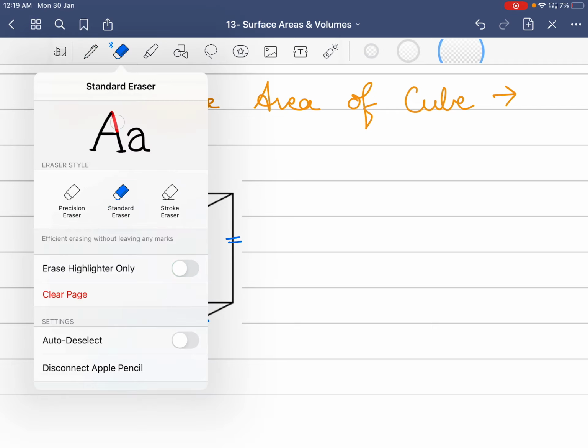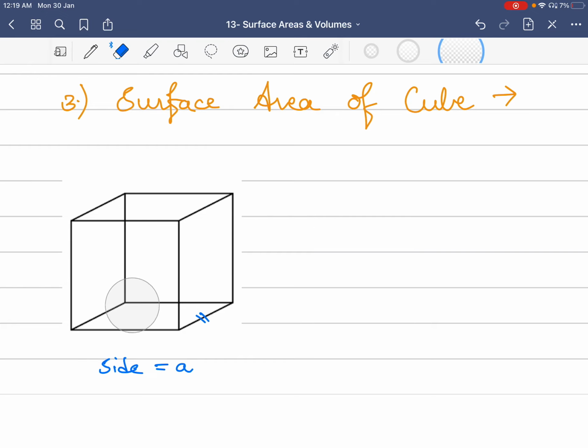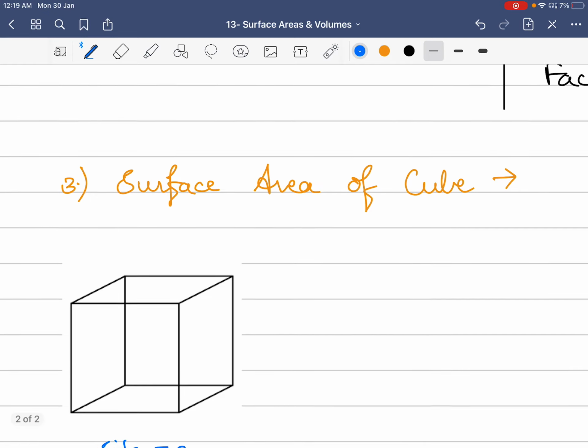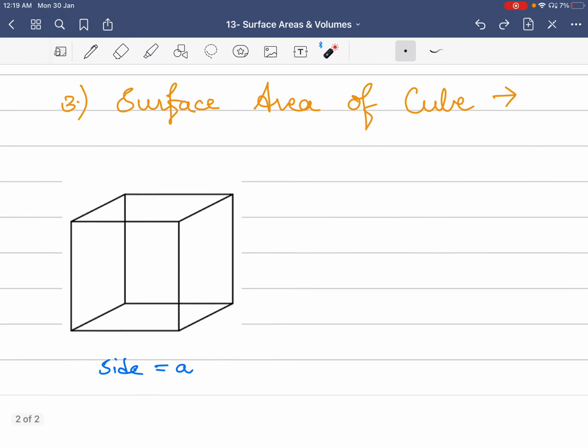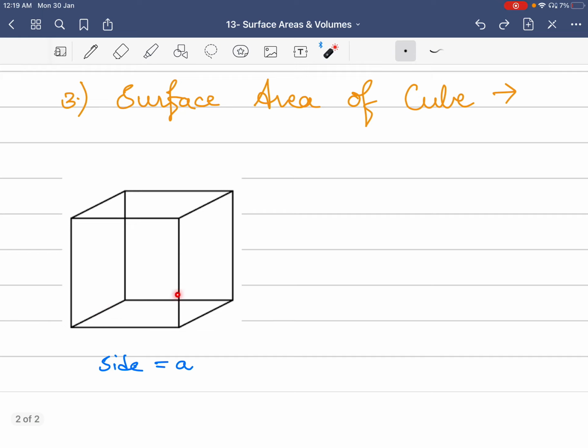Let's erase this. Now, once again, we have to find the surface area of a cube. Even a cube has 6 faces. This is face number 1, this is face number 2.